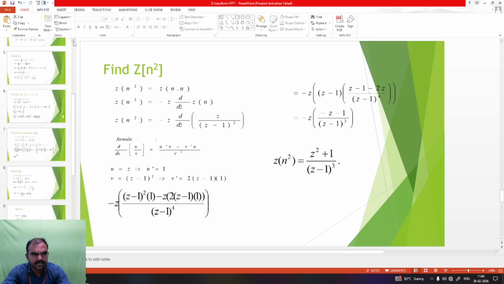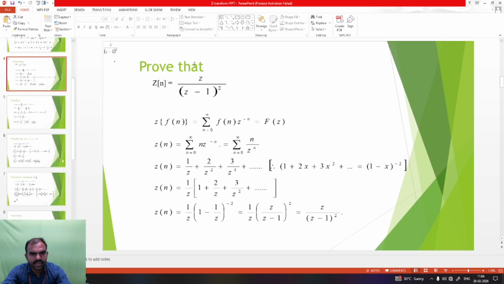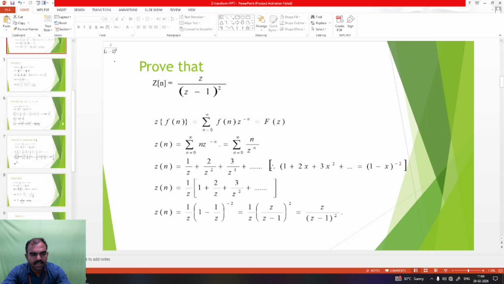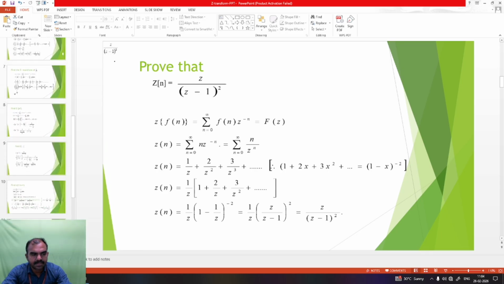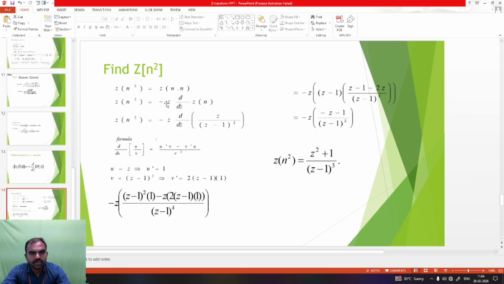That we already saw, Z of n. Yes, Z of n we already know, z by z minus 1 the whole square. So we apply it in here. Next, to take the differentiation of this with respect to z, we apply the formula d by dx of u by v.